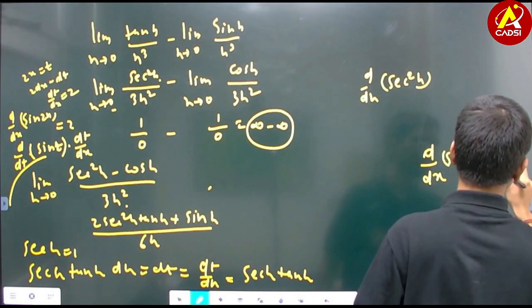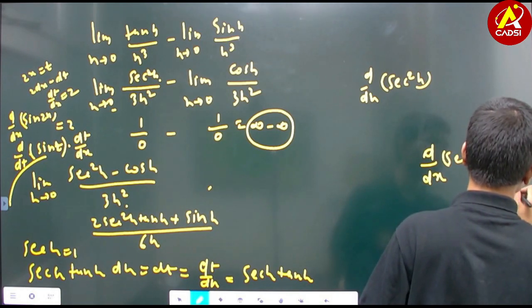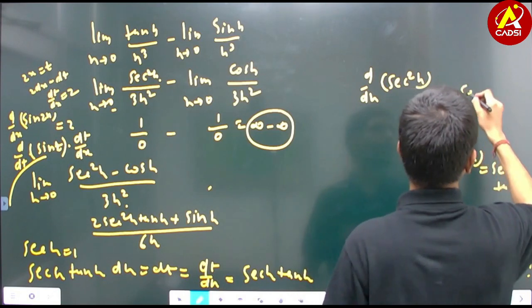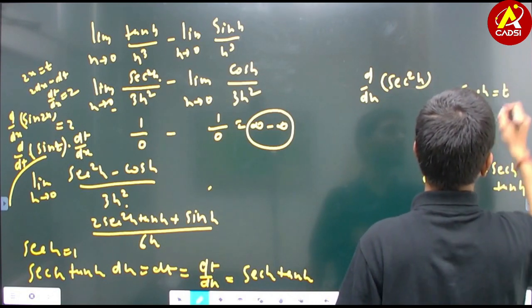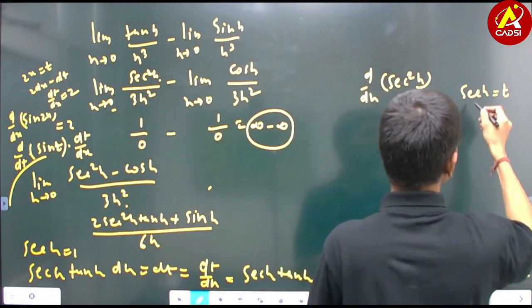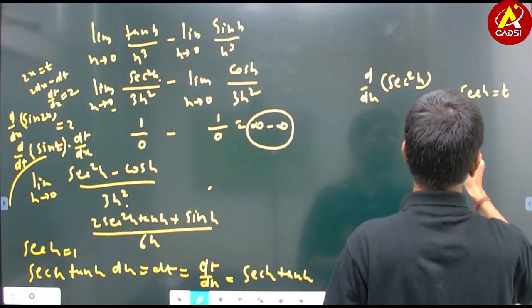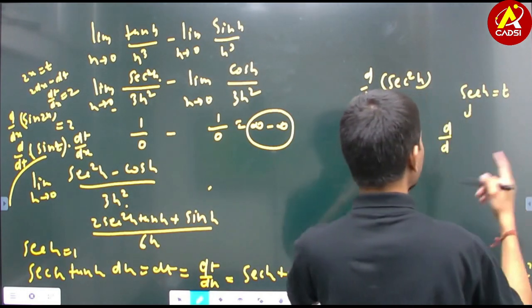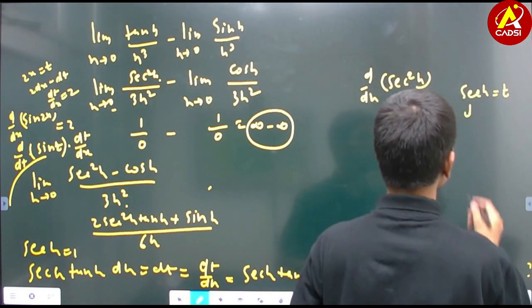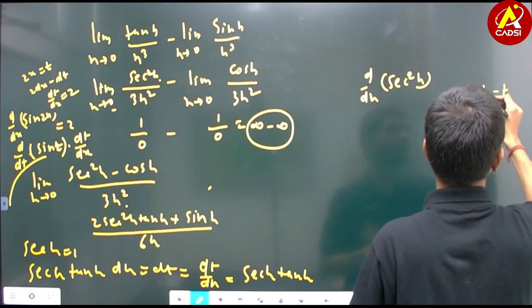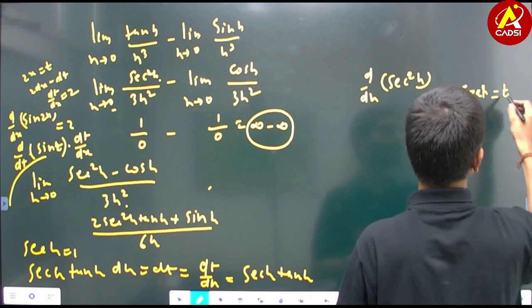It is very simple: sec h tan h, okay. Suppose sec h equals t.